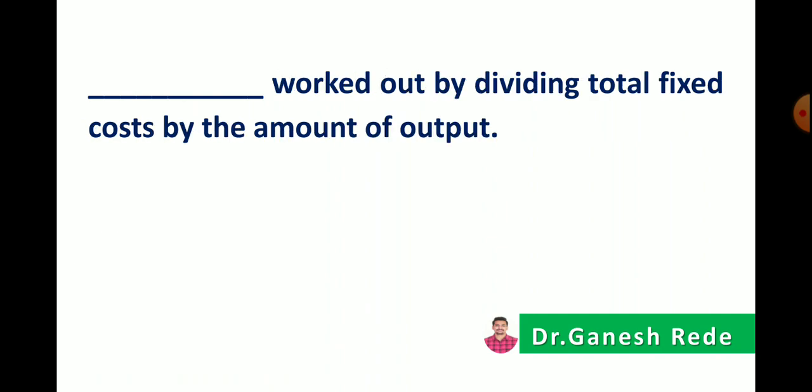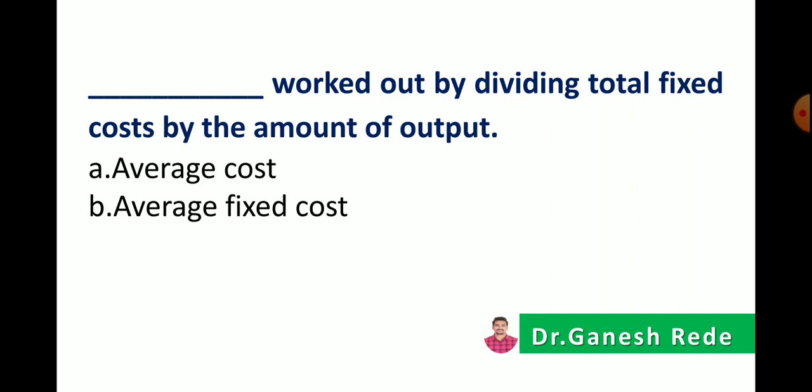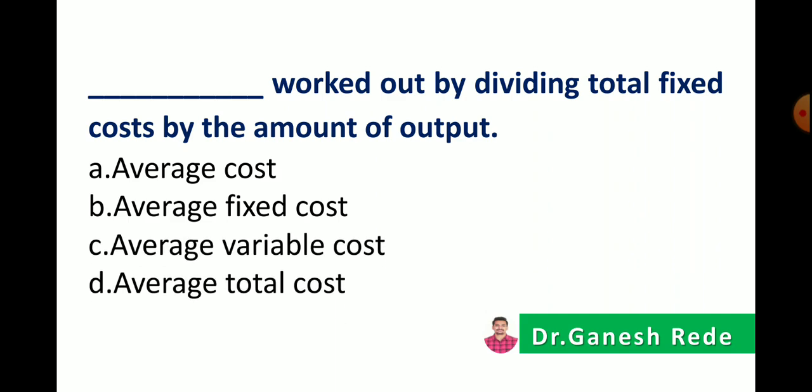The next: dash dash is worked out by dividing total fixed cost by the amount of output. Option A, average cost; B, average fixed cost; C, average variable cost; or D, average total cost. The correct answer is average fixed cost, worked out by dividing total fixed cost by the amount of output.